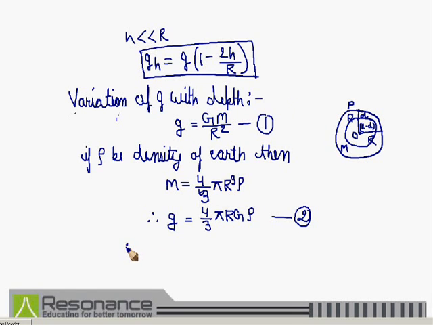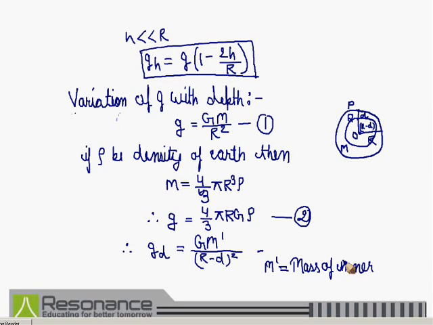Then we can write the acceleration due to gravity at point Q as gd equals GM dash upon (R minus d) whole square, where R minus d is the distance from the center of the sphere and M dash is the mass of the inner solid sphere.